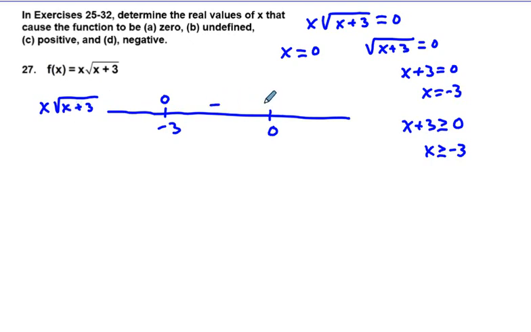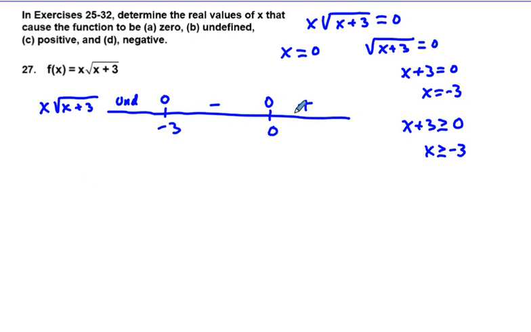At x equals 0 we have 0. For greater than 0 we have a positive times a positive. And then less than negative 3 we have the constraint where we know that the function does not exist for less than negative 3, so it's undefined.